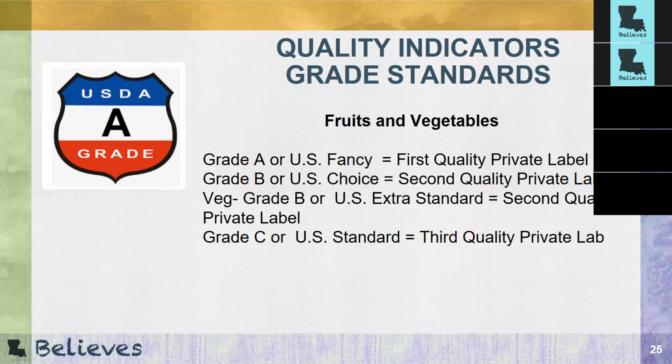While safety inspections are mandatory, the federal government does not require that all food products are graded. But you do need to know your grade. Produce is graded based on the amount of imperfections that are allowed. It is up to you to determine what you're willing to accept.